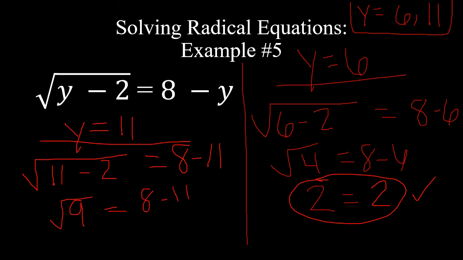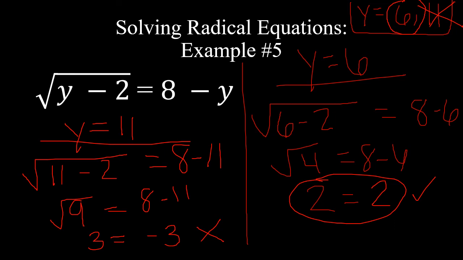Square root of 9 is what? 3. We're just taking principal square roots. 8 minus 11 is what, you guys? Negative 3. 3 does not equal negative 3. So 11 is not a solution, so we now need to get rid of it. So there's only one solution here, and that's y equals 6, okay?